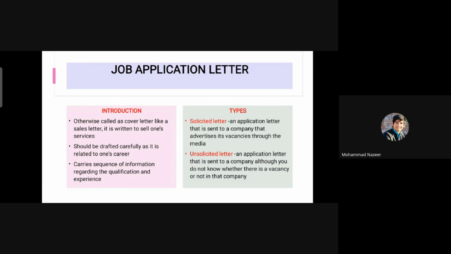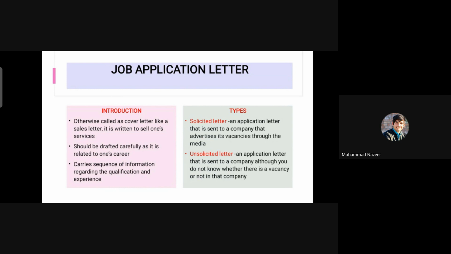There are two kinds of letters: the solicited letter and the unsolicited letter. So what does it mean? A solicited letter can be considered an application letter sent to a company that advertises its vacancy through media.